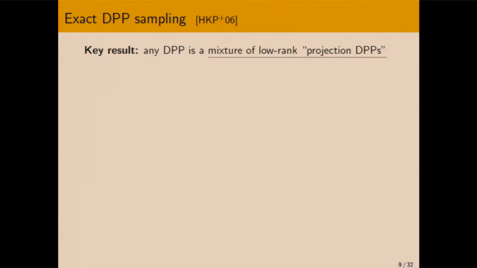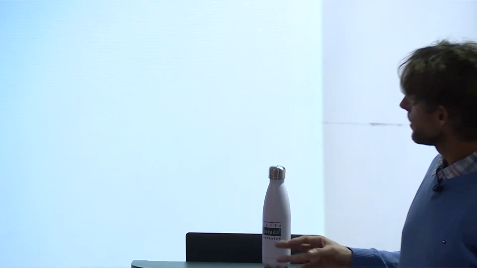OK, so let's look at a few examples of related work. The main one is an exact DPP sampling algorithm, which is based on a result of Hough, Krishnapur, Peres, and Virag from 2006. This is a very nice result, sort of a seminal work in this topic. I will not have a chance to discuss it in proper detail. Essentially, it shows that any DPP can be decomposed as a mixture of so-called low-rank DPPs, which are called projection DPPs.